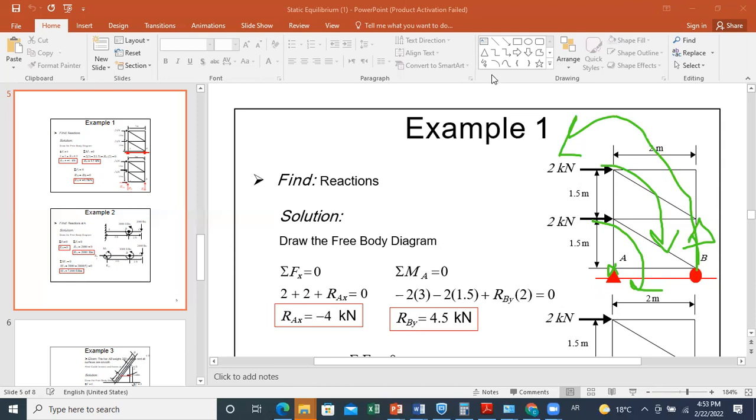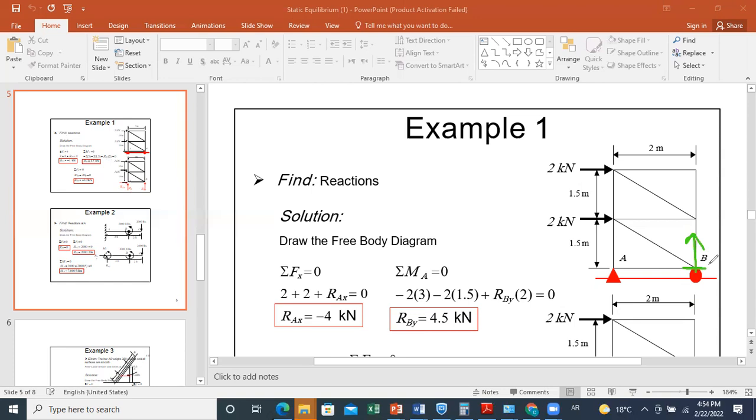And finally, because along Y the only forces are By and Ay, since By is up, Ay should be down. Anyway, the roller cannot develop a reaction downward. Why? Because the direction is always perpendicular to contact, from the roller towards the structure. Okay?